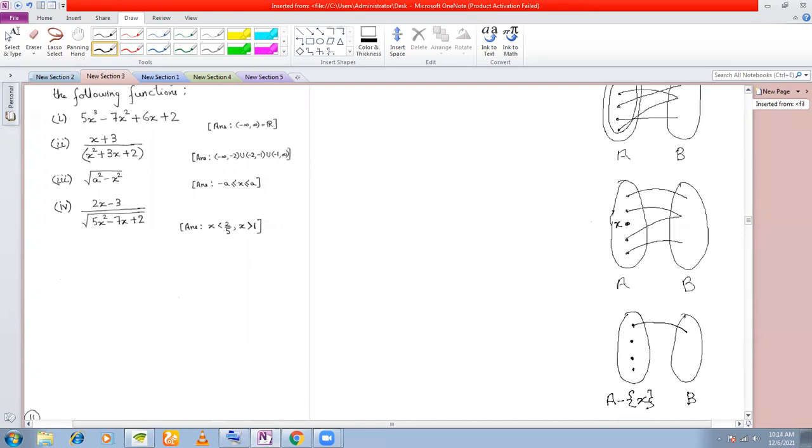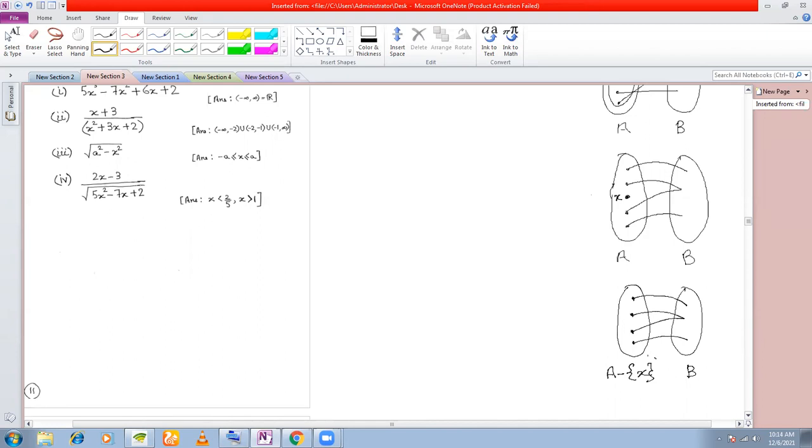Now each element is mapped, right? Now this becomes a function. So what have I done? I have defined the domain in such a manner that f becomes a function. Here f is a relation, but here f is a function, right? So that is what we are going to see in these examples here. Now see the first one.